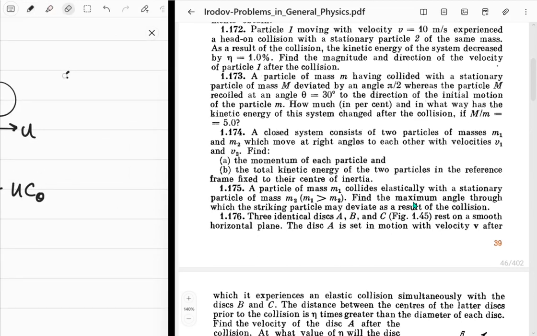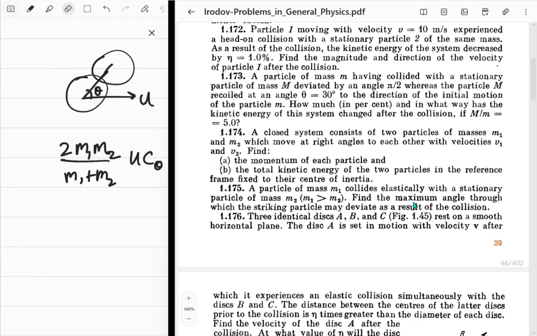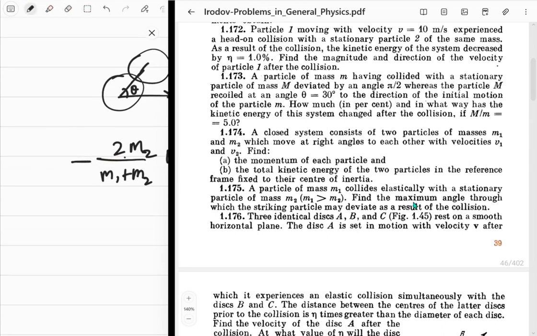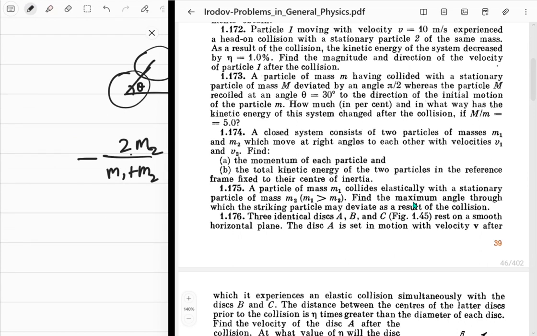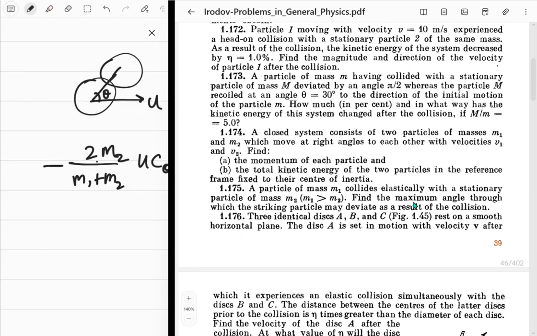This is our momentum. And since we just want the deviation, divide this by m1, and then do negative of that. So this velocity will be added in the normal direction. We just want the deviation, of course.